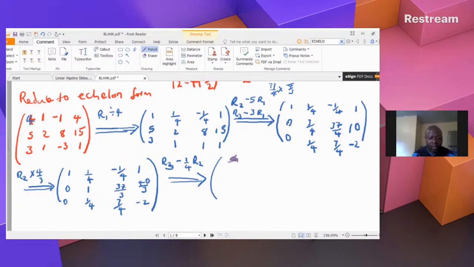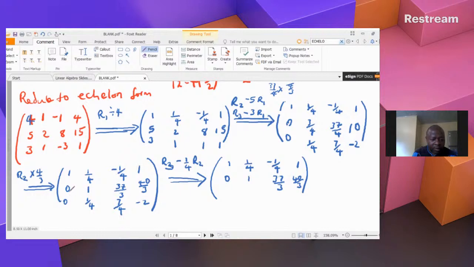The first row is untouched, so we just write where it is. Just write it here. And then 1. The second row, we just write the way it is. And it's always very good to be careful because once you do something wrong, it affects the entire working.